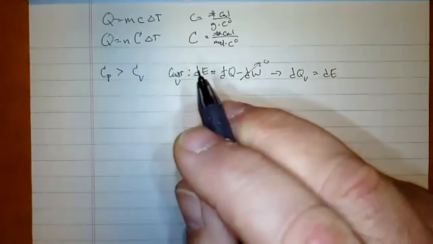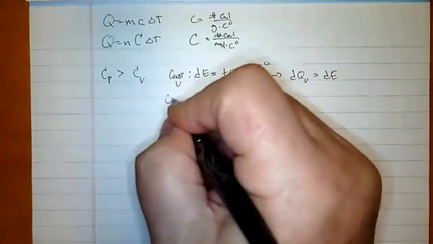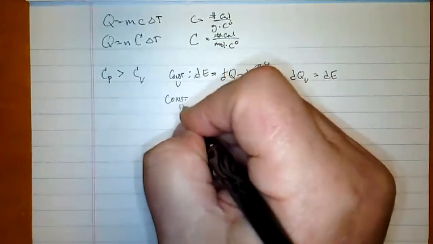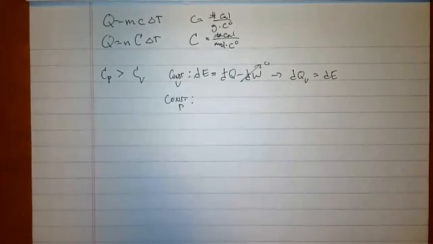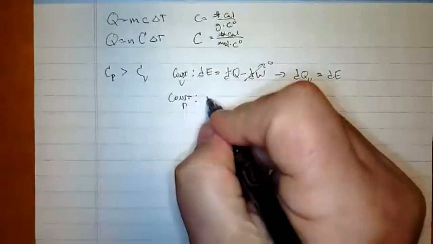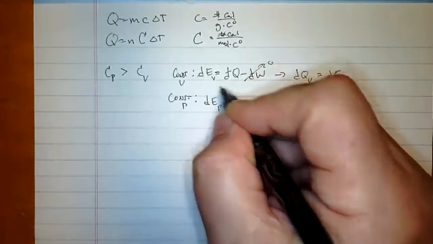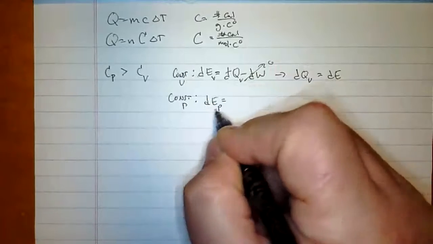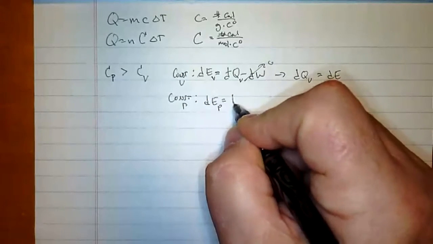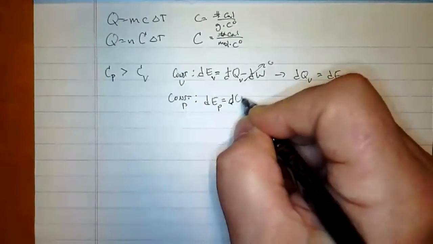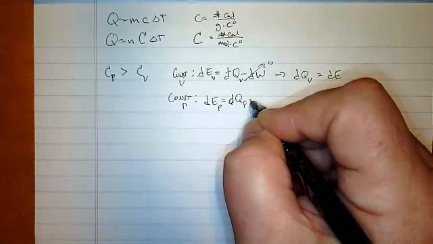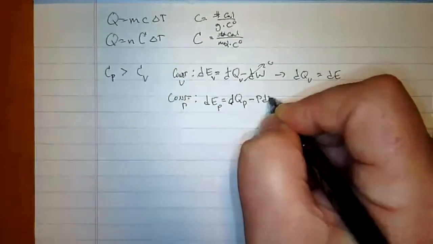Well, if you have it at constant pressure, then you have dE, and I'll subscript this V on that one, P on this one. Now I have dQP, and in this case, it's going to be minus P dV.